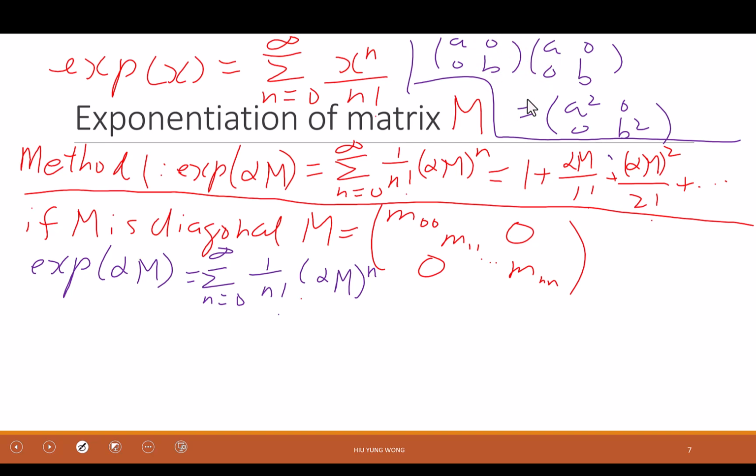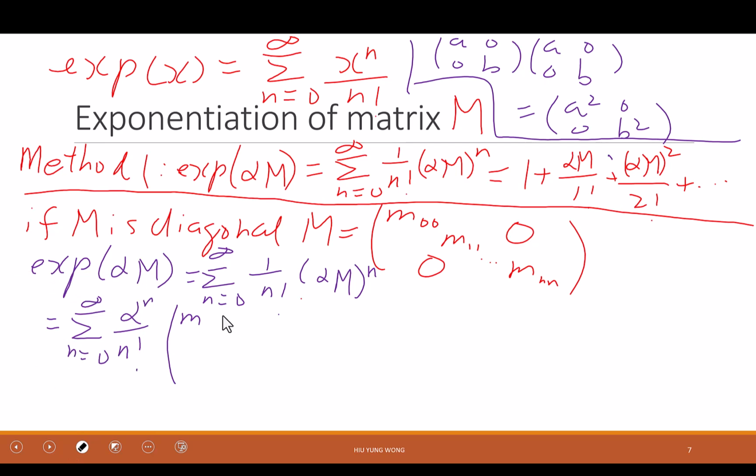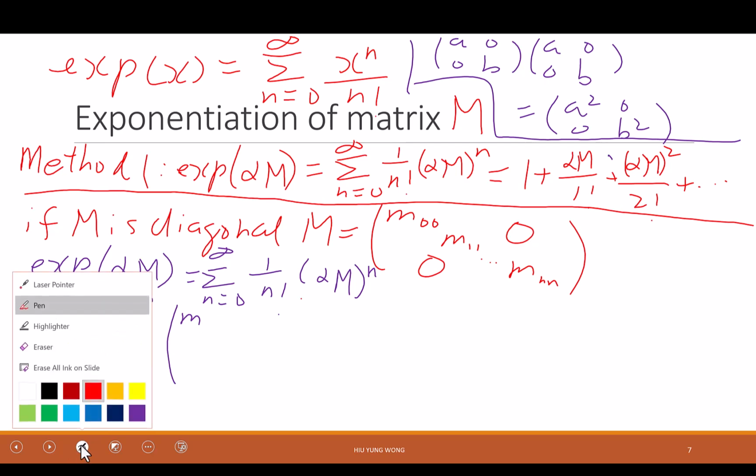Okay, so because of this, trust me, this is equal to the summation n equal to 0 to infinity of 1 over n factorial. I'm going to take out this alpha because alpha is just a number, so it's alpha to the power n. And then because I have capital M to the power n and it's diagonal, I actually have m 0,0 to the power n. This is not a good notation, so let me change the notation here.